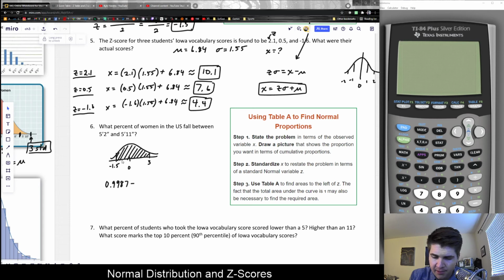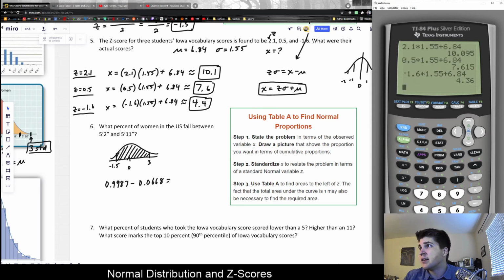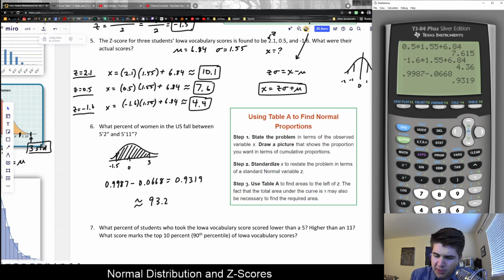0.9987 minus 0.0668. And if we went ahead and did that, 0.9987 minus 0.0668, this would leave us with 0.9319, or approximately 93.2% of women would be in between that height range.